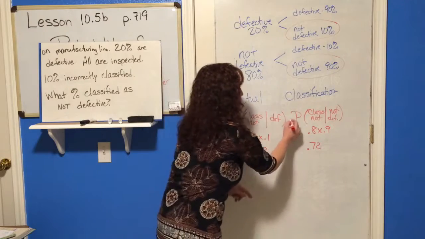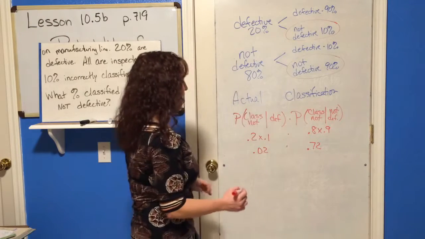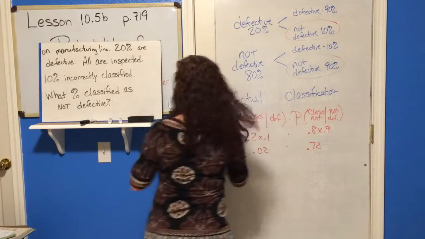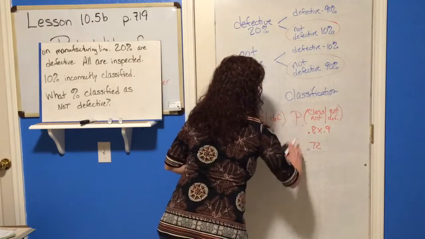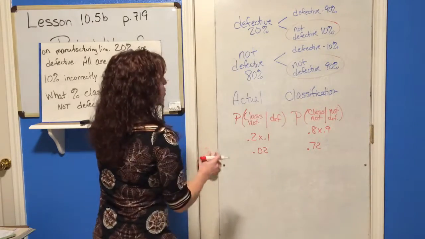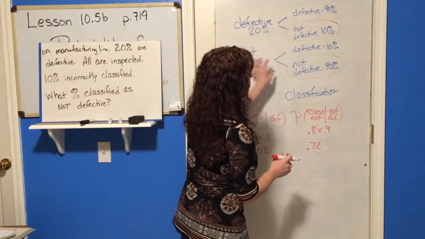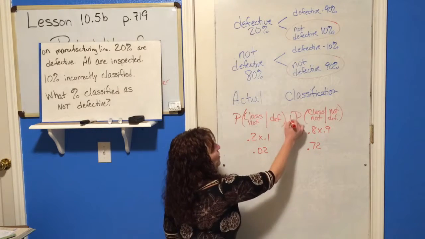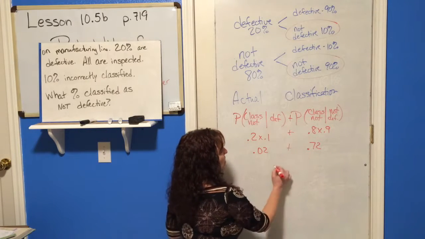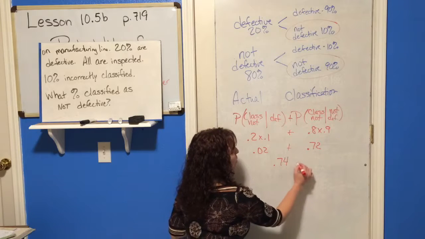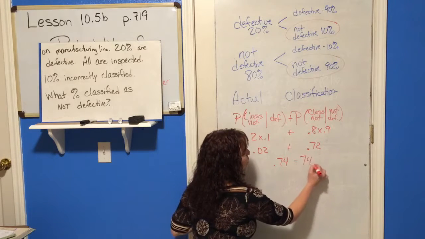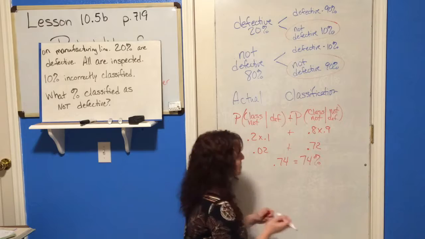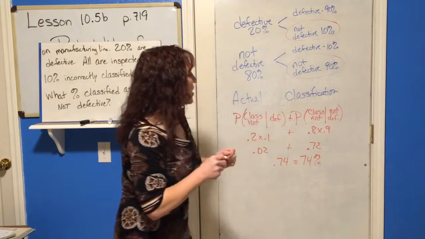So now we're going to have to multiply those two together. Or wait, we don't multiply them, we add them. Right? So the probability of this and the probability of that together is 0.74, or 74%. All right?